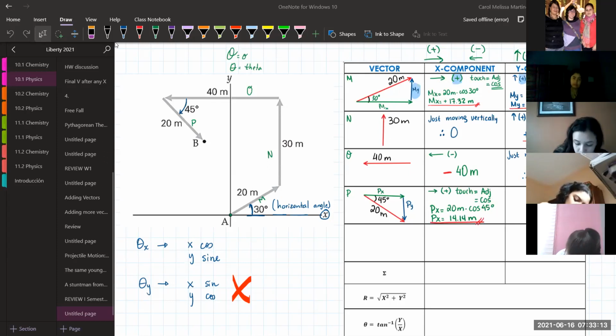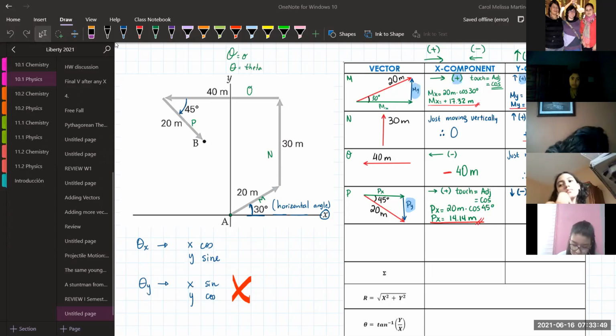And now we work with Py. Py is right there, and as you can see, it's in front of the angle. Py is going down, so my sign is going to be negative, first of all.